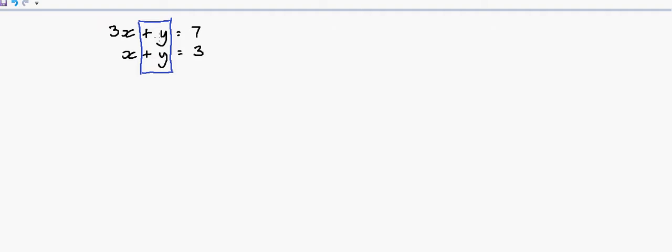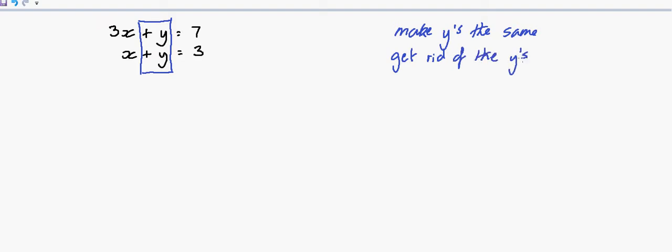So the first thing that I do is I make the y's the same. In this case we've got 1y and 1y, so that's fine. The next thing I want to do is get rid of the y's, because if I get rid of the y's, then I'll just have x's and numbers.